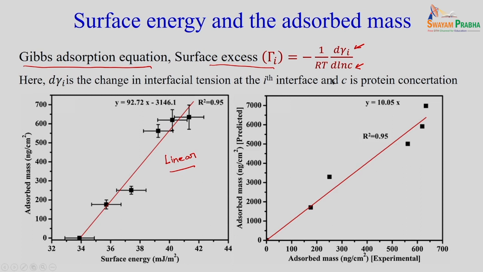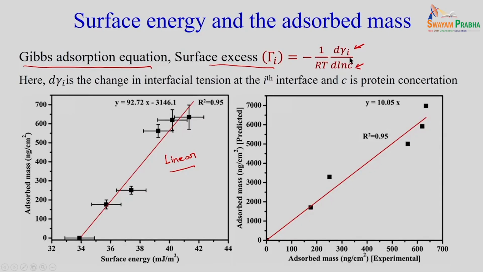So, using this expression we calculated it. The concentration of the protein was known, at which concentration the experiments were performed. The interfacial tension was measured from the contact angle data as we discussed in the last slide. So, the surface excess was calculated. The y axis is the predicted one and the x axis is the experimental.